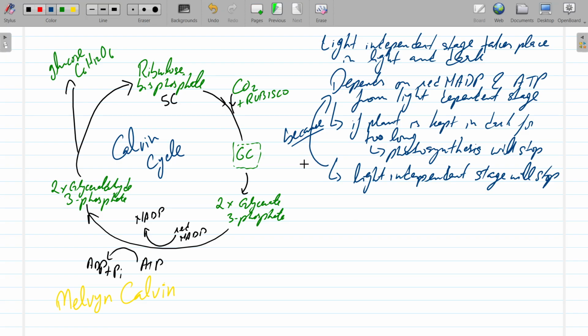So those compounds that are feeding into the Calvin cycle will be depleted, reduced NADP and ATP depleted, and so the light independent stage stops. You're not getting any more glucose.